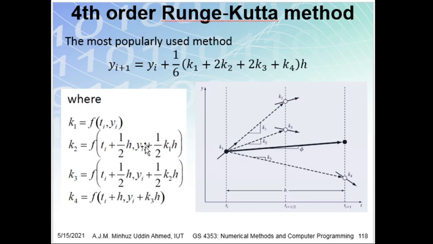That is, this one is y_i plus half k1 h, and for k3 we have used y_i plus half k2 h. These 2 y values differ, and it is experimentally seen that if you use these values, you get the most popularly used method, almost close to the original solution.